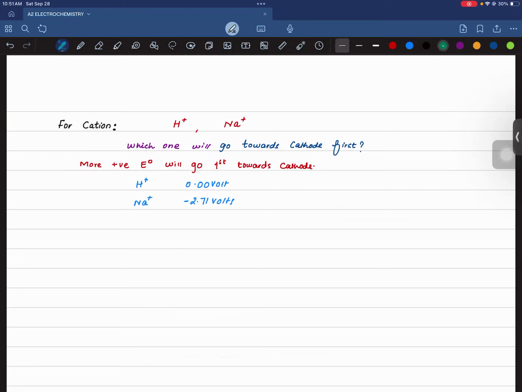So ultimately, if you have two ions in the same solution and I am asking which ion is going towards the cathode first, you are supposed to tell me H plus will go towards the cathode first. H plus ion will win the race.